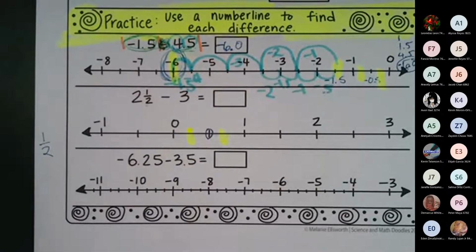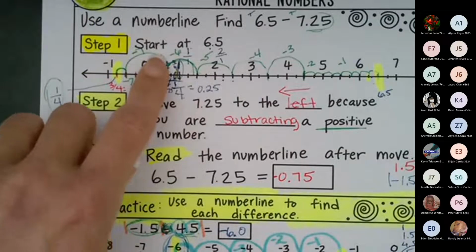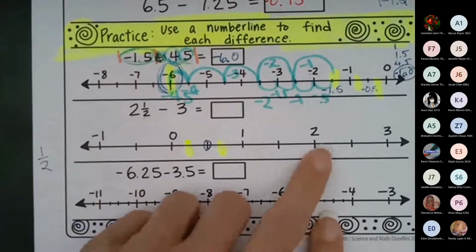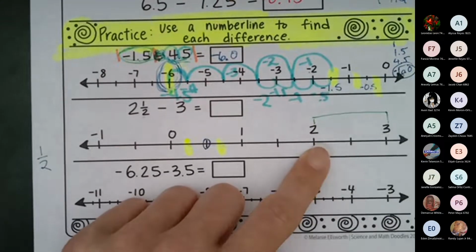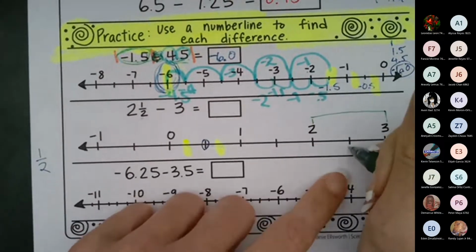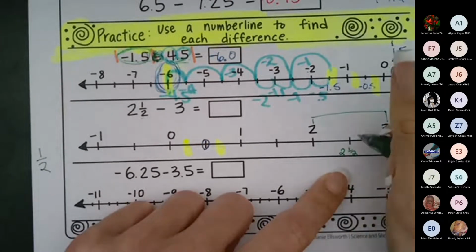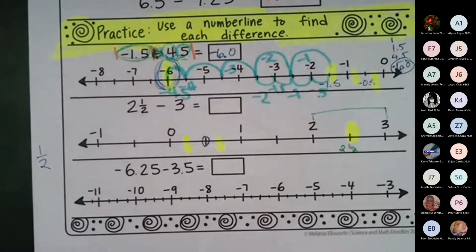So I know that to start, I just need to start at my first number here, which is positive 2.5. So I'm going to go over to 2. It's going to be in between 2 and 3. It's 2.5, so this is worth a half. So it's going to be positive 2.5 right here. This will be my starting point.